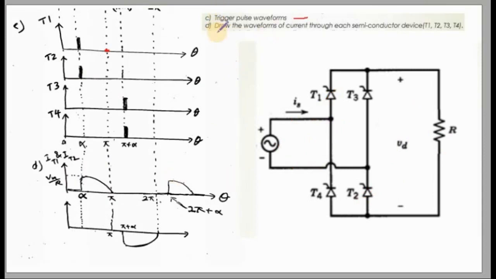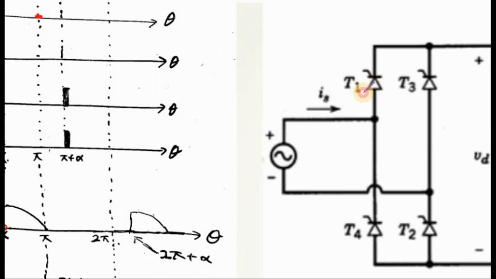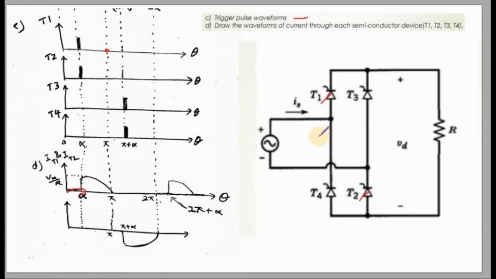Part D is to draw the waveforms of current through each semiconductor device T1, T2, T3 and T4. As I explained earlier, from 0 to alpha you don't have any path to flow the current. So from 0 to alpha it is 0, and from alpha to phi, this one and that one will work. So current will go like this.